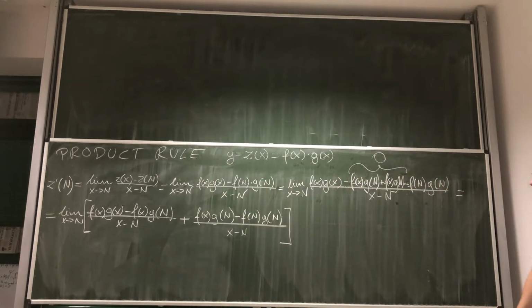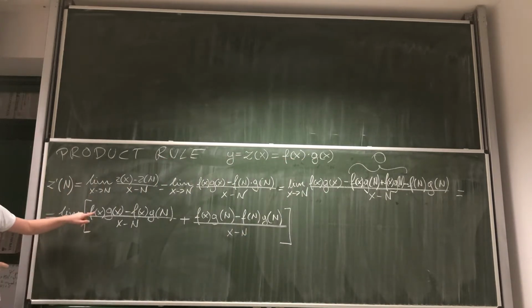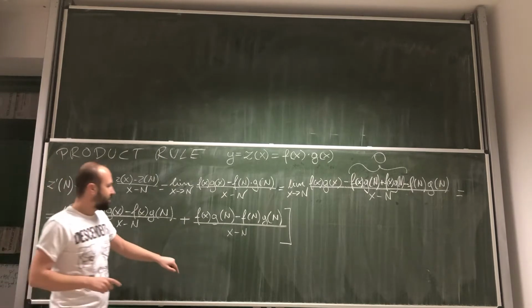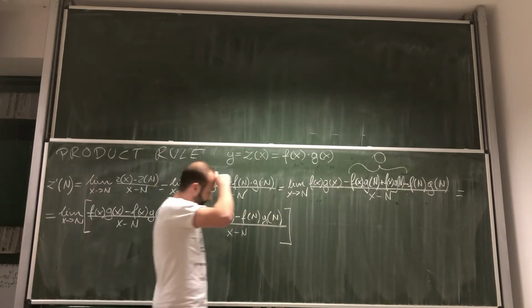Okay. Now it starts to look a little bit better. Now, what else can we do? I, for example, can take the common part f of x out of these two expressions and the common part g of n out of these two expressions, right?